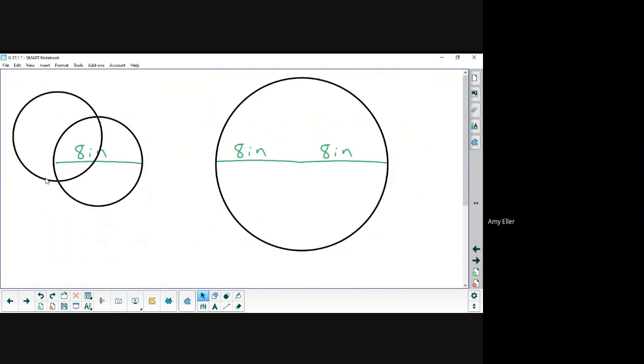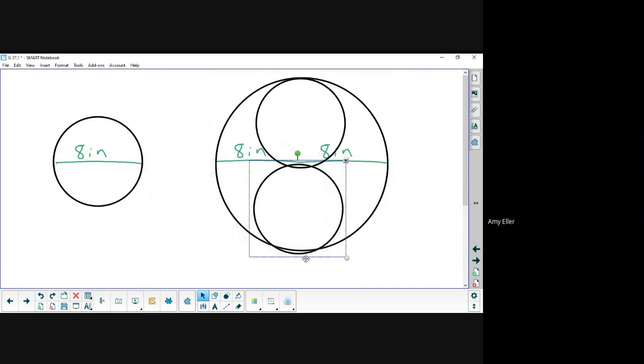All right, so does it look like just 2 pizzas are going to fit in here? A lot more than 2, right? Because you could cut this pizza up and you could fill this space over here and that space over there. There's actually 4 small pizzas that are going to fit in there.